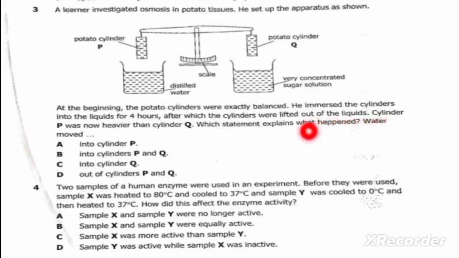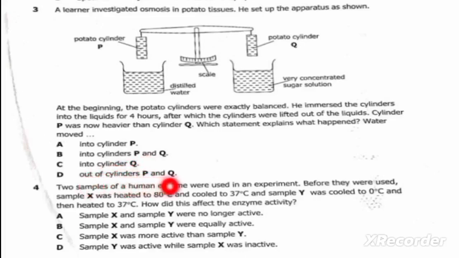Cylinder P was now heavier than cylinder Q. Which statement explains what happened? Water moved A into cylinder P, B into cylinder P and Q, C into cylinder Q, D out of cylinder P and Q.